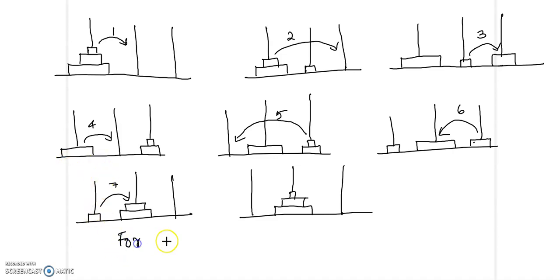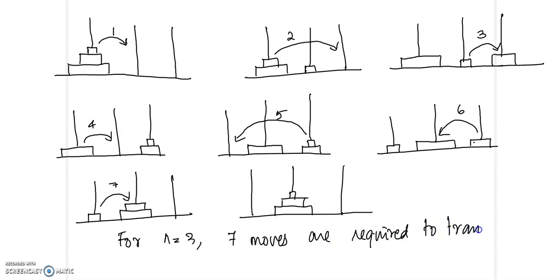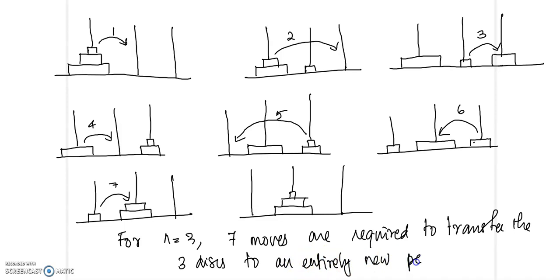So for n equal to 3, 7 moves are required to transfer the 3 disks to an entirely new peg. So therefore A3 will be equal to 7.